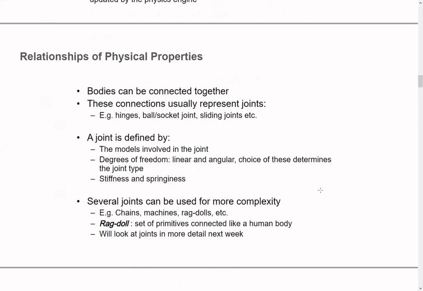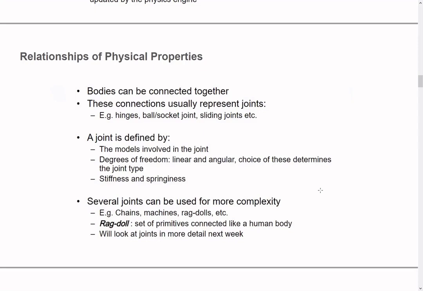Looking at the third bullet point, a joint is defined by the models involved in the joint, degrees of freedom, as in linear motion and angular motion, and then stiffness. So a joint is defined by these three things: the bodies involved in it, degrees of freedom, and the stiffness.